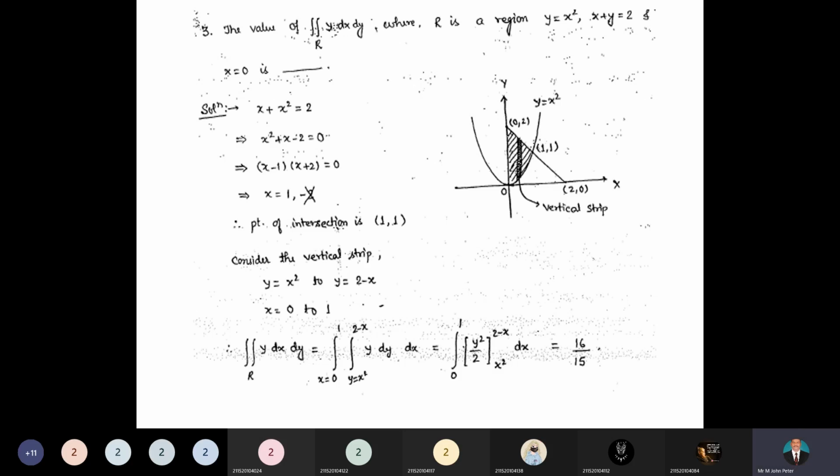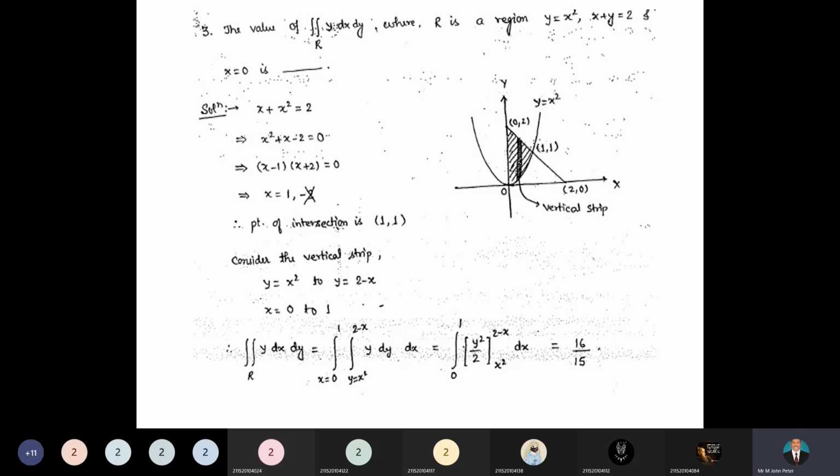Inner integration with respect to y: y integrates to y square by 2. Apply the limits, 2 minus x whole square and x square whole square. The calculation is not given, so we can identify it using the ordinary substitution method.